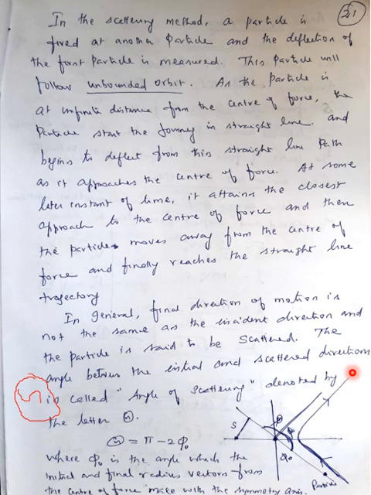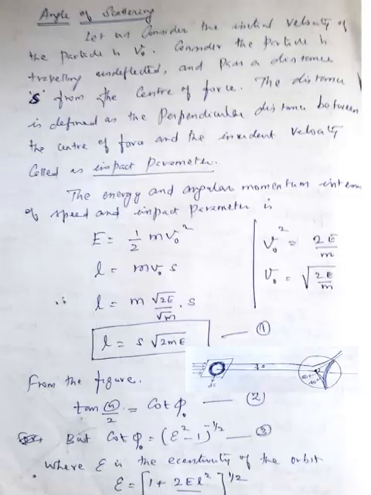So this is the symmetry axis. The angle between the symmetry axis and the initial and final radial vectors is called pi naught. So theta is equal to pi minus 2 pi naught.